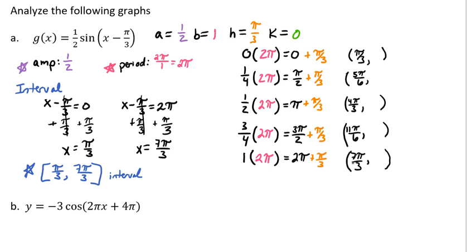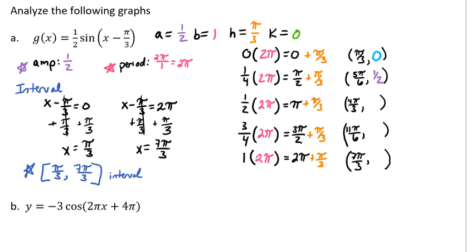To get our y values here, we're going to think about how a sine function begins. A sine function begins at our center line. Here, our center line did not change because our k value is a 0, so our starting piece is going to be a 0. Then it goes up to the maximum, which is the top of our amplitude, or 1/2.